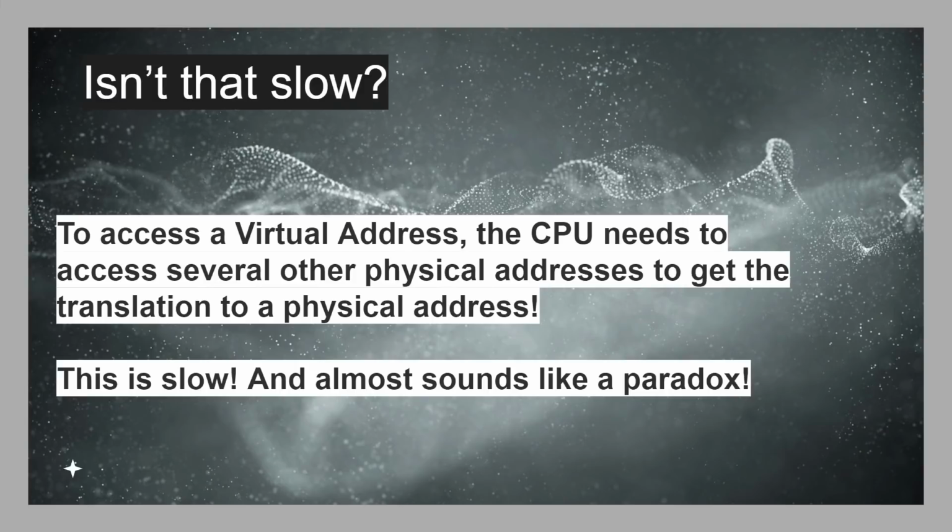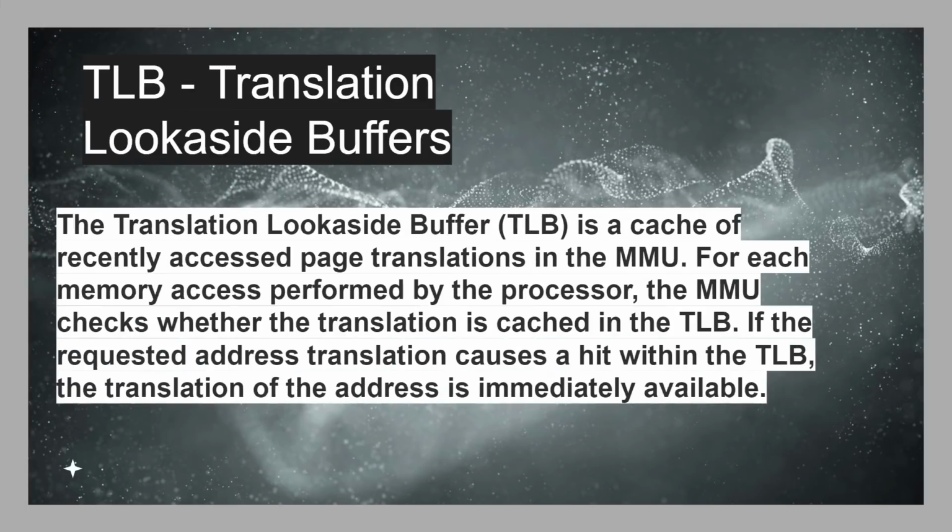Now, this is slow, and it also seems paradoxical, doesn't it, that you have to access memory to find out what an address is. So there is a way around this that speeds this up significantly, and that is something called the TLB, the Translation Look-Aside Buffer, or the Translation Look-Aside Buffers. The TLB is a cache of the recently accessed page translations in the MMU. So for each memory access performed by the processor, the MMU checks whether the translation is already cached.